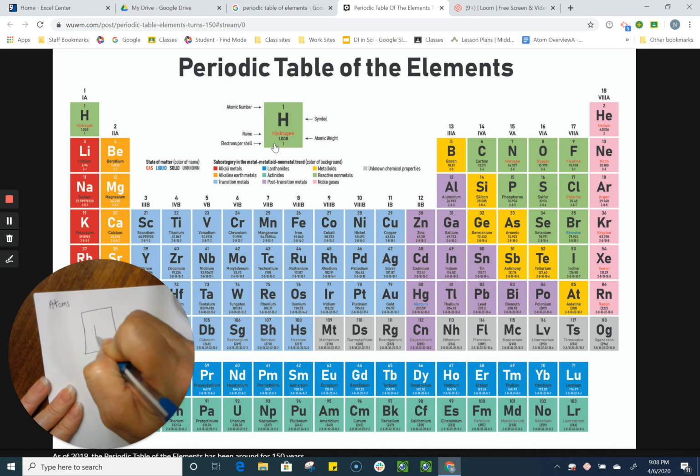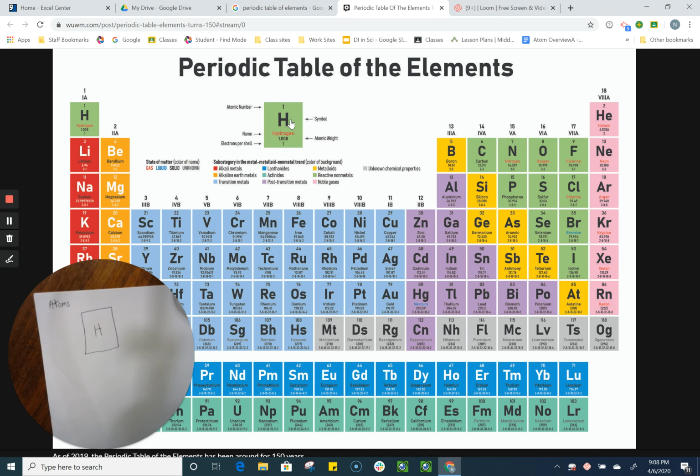So in each box, there is a 1 or 2 letter symbol. Some periodic tables have a different nomenclature and might have a symbol with 3 letters in it. The first letter, or if it's the only letter, is always capitalized. And if there's a second letter, it is a lowercase letter.